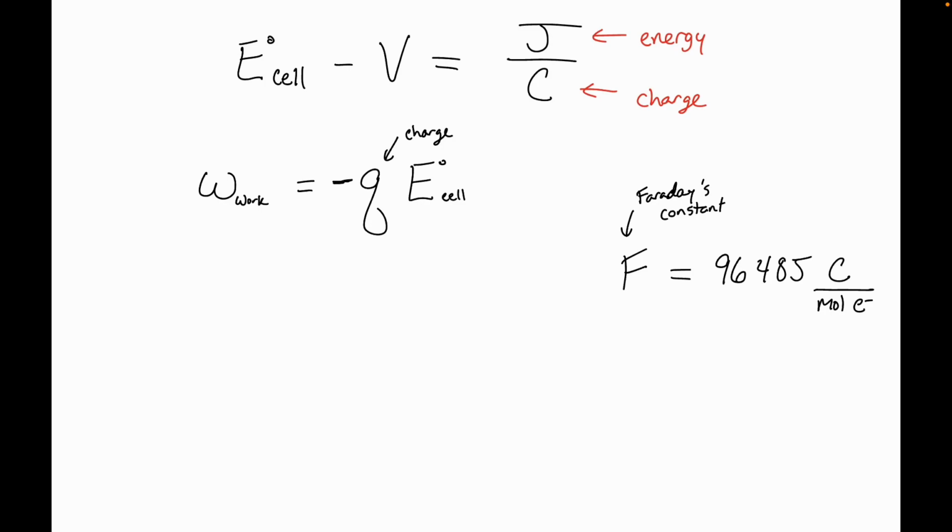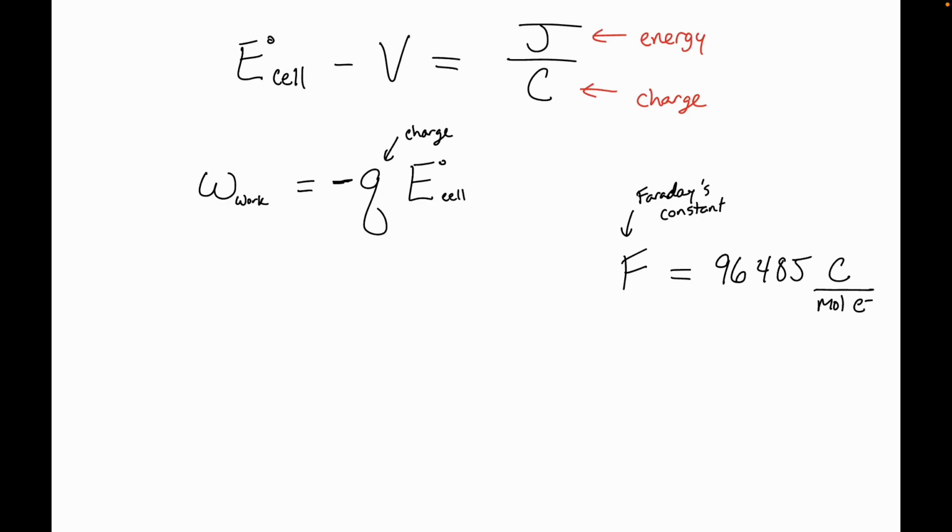Okay, so again, coulombs are this unit of charge. We can talk about the charge of an electron in units of coulombs. It turns out that if you had a mole of electrons, 6.0221 times 10 to the 23 electrons, the charge in coulombs would be this Faraday's constant, this 96,485.